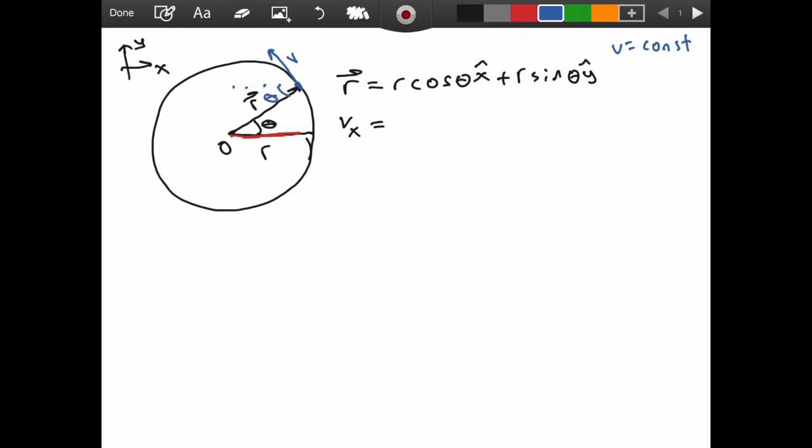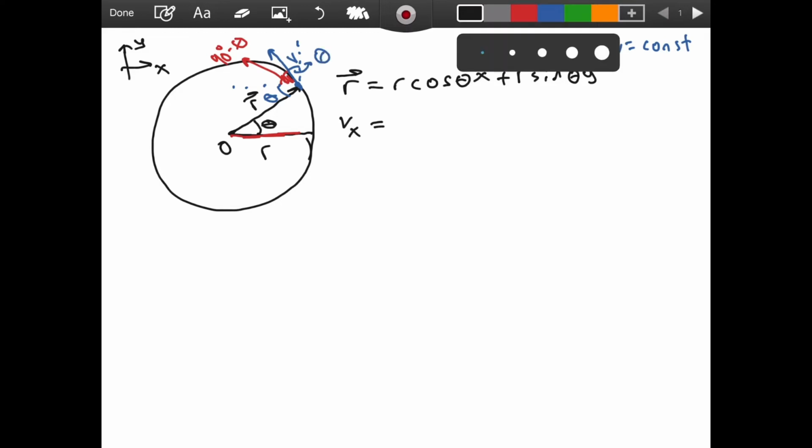In uniform circular motion, the position vector and the velocity vector are always perpendicular to each other. So this angle here is a 90 degrees angle. Since this is 90 degrees, this part here is 90 degrees minus theta. And if I draw a vertical line like this, this part is theta.